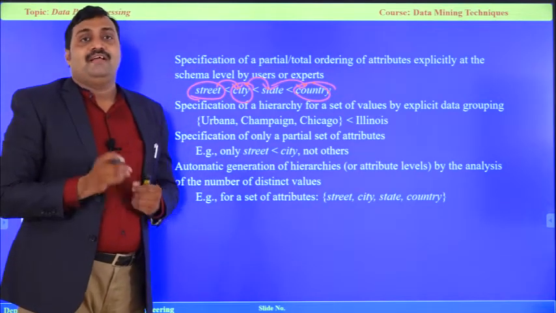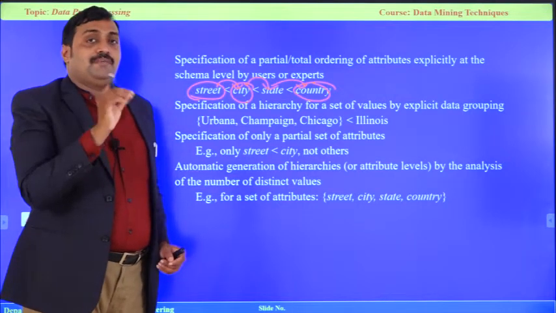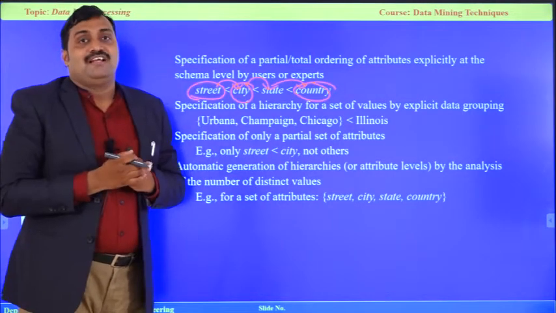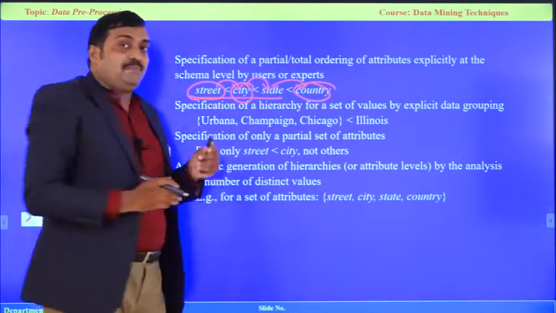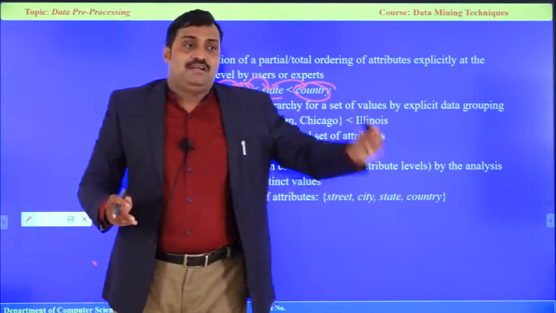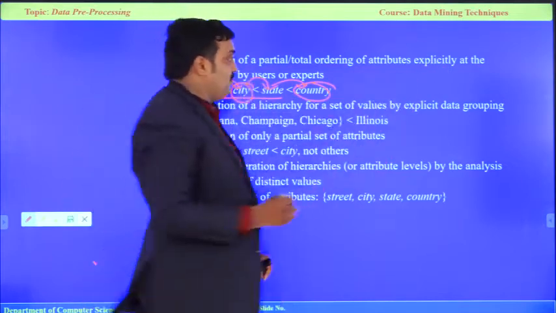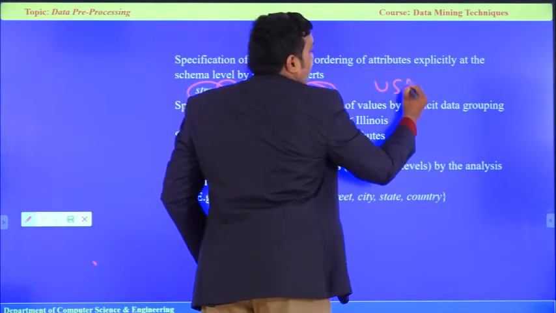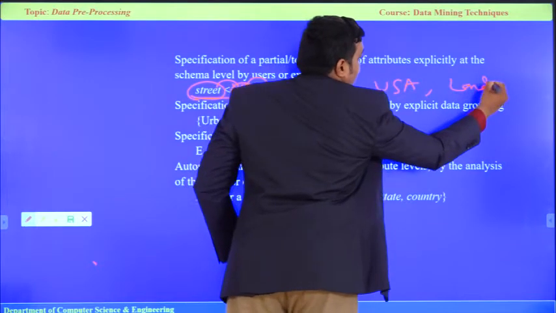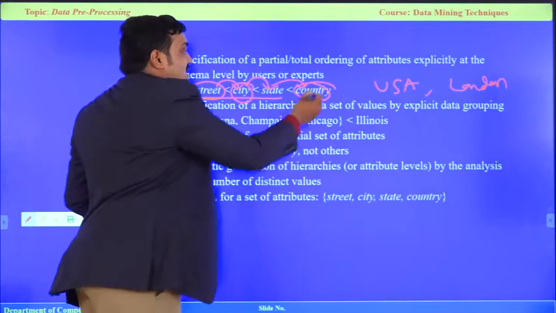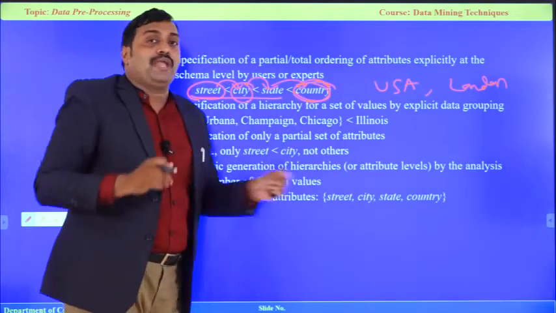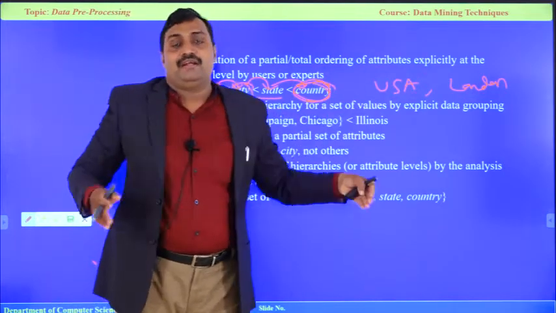When you post it, automatically at the post office, irrespective of the other information, they put it into a box, like the USA box. So we have different boxes, USA or London, various country names. Instead of looking at all the details, the major attribute is the country name. You identify the country name, then immediately they won't go digging.